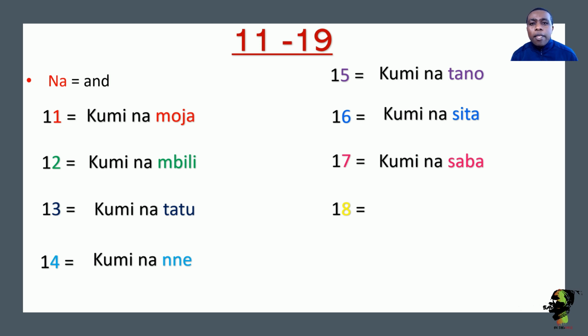Kumi na nane. 19. Kumi na tisa. Very good. So by learning these numbers, you should be able to start enjoying yourself going through 1 to 19. Can you believe on lesson 2 you're doing numbers 1 to 19? That is fabulous. That is great.